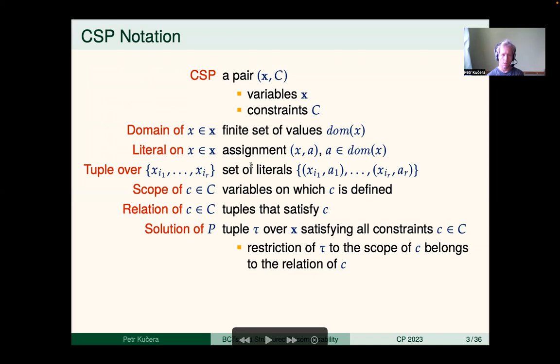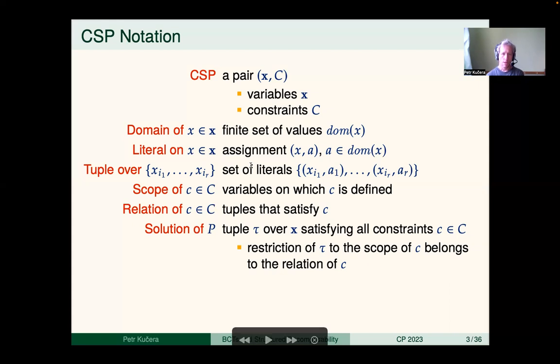And we also say that if we look at a pair of a variable and a value from its domain, that it's a literal on the variable X. So it's a slight generalization of propositional literal. A set of literals is then a tuple. Usually we also assume that the variables inside the tuple are pairwise different.